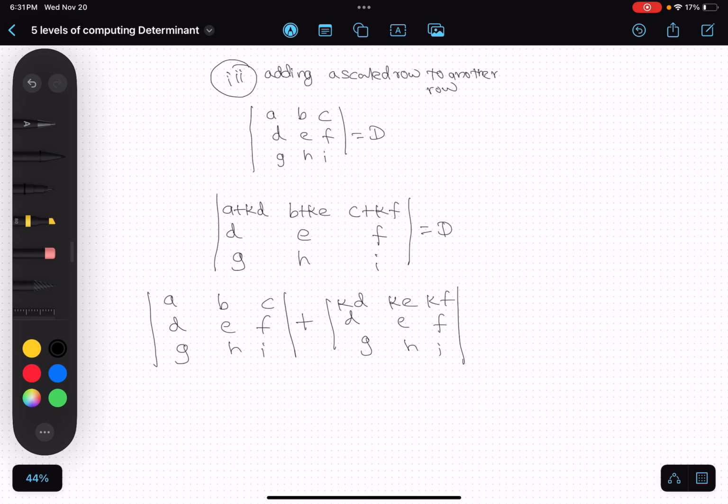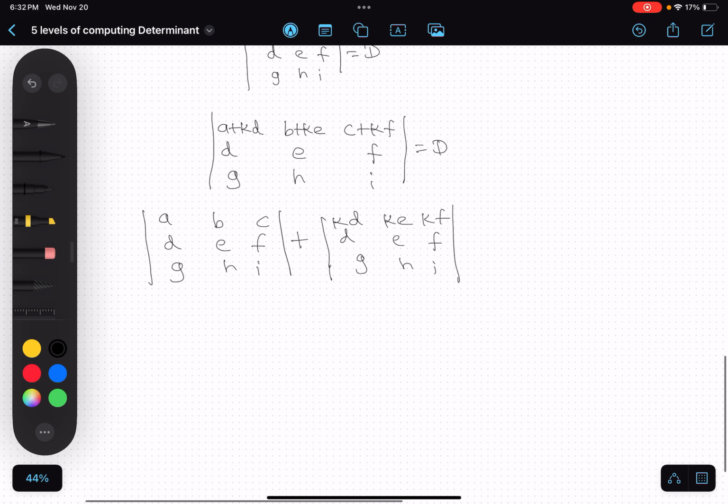The second determinant has linearly dependent rows, so its determinant will just be 0, plus the original, which was D, so this will just be D.